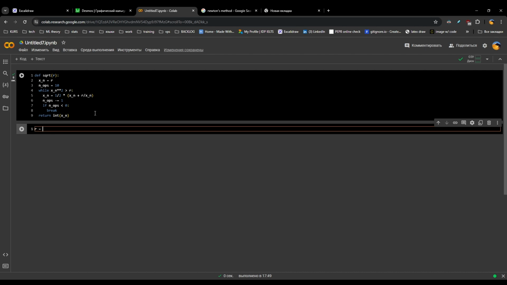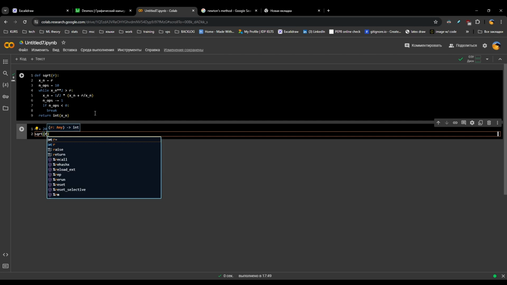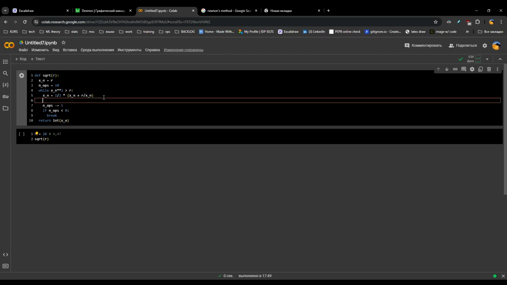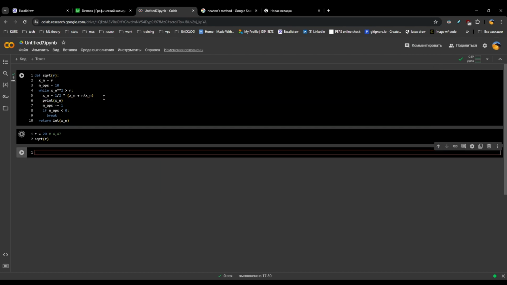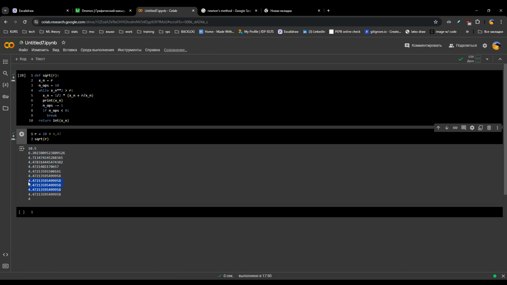So if we take, for example, an input number of 20, which has a square root of around 4.47, this would yield us an infinite loop, because at some point the numbers do not change. So we run into an infinite loop because of the fixed number of floating points.